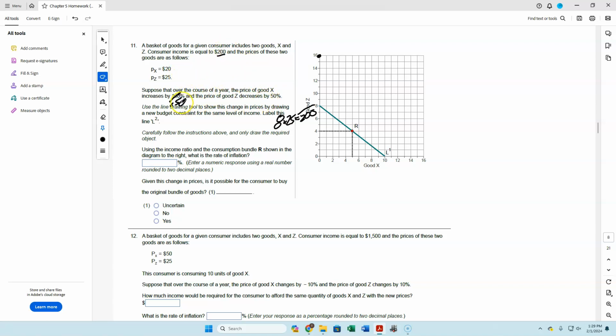And if the price X goes up by 150%, right, P subscript X is now going to be 50, right? That would be 150% of 20. PZ, prices are decreasing by 50%, so now it's going to be 12.5.